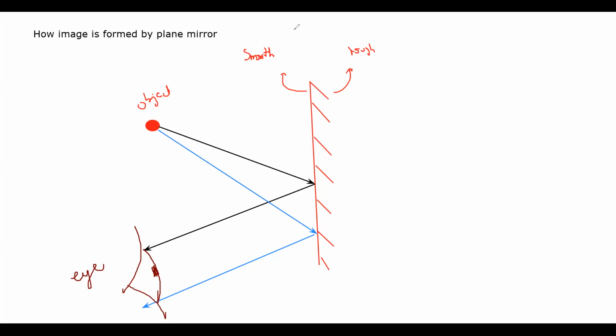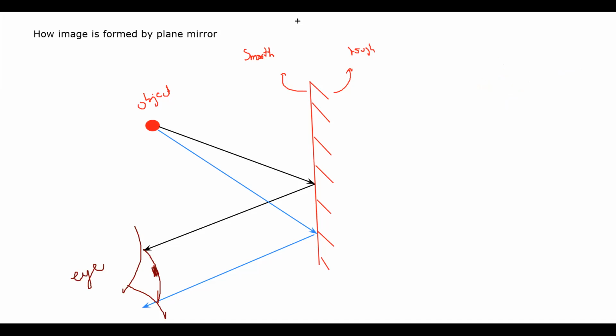Our brain always senses that light is coming straight from the object. This is a sensation created by our brain, that light is coming straight from the object. So when these light rays strike the reflecting surface and enter our eye, our brain senses that light is coming straight from the object.